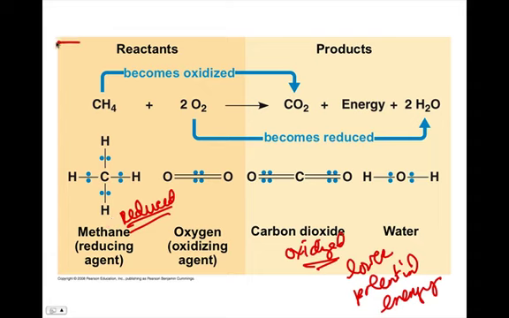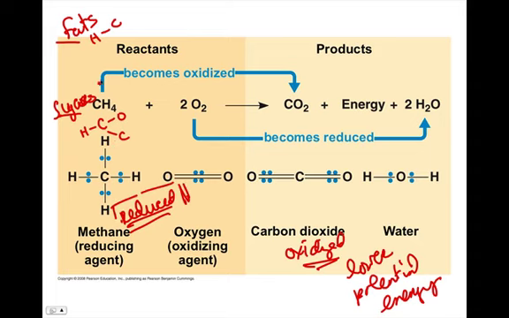We've said before that fats and oils have higher potential energy than sugars. And remember that fats have a lot of nonpolar carbon-hydrogen bonds, and that is a higher energy bond than the mixture of bonds in a sugar. There are some carbon-hydrogen bonds in a sugar, but there are also some carbon-oxygen and lots of carbon-carbon bonds. So sugars are not as highly reduced as fats.